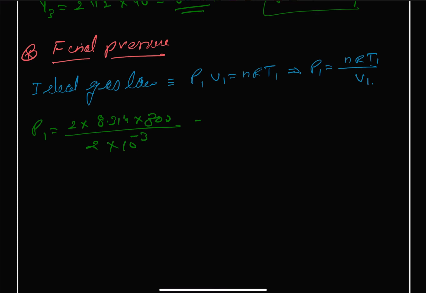So from here we get P1 is equal to 2.494 into 10 to the power 5 pascals.